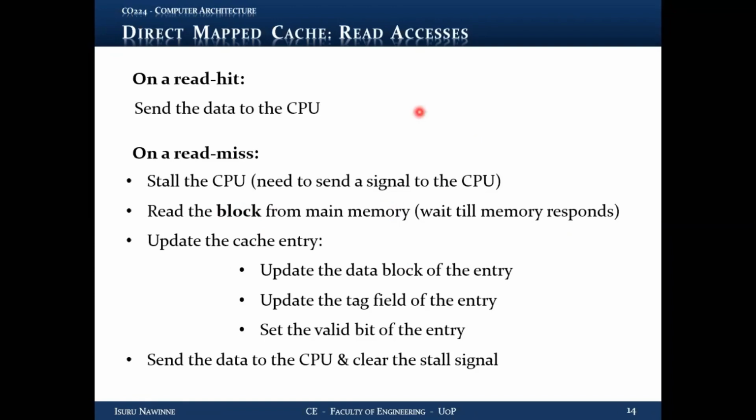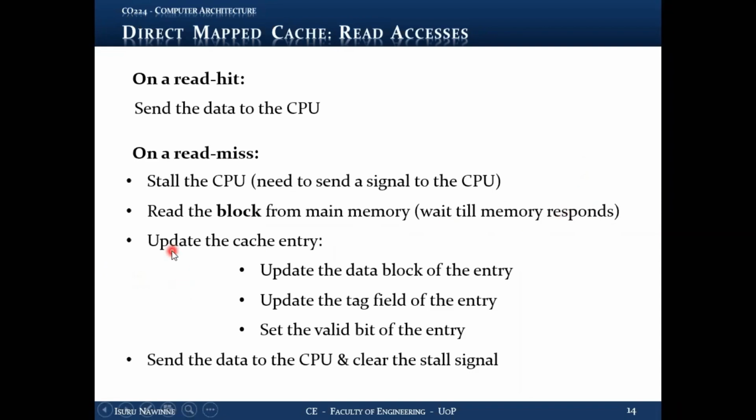So in the case of a read miss, the entire missing block is fetched from the main memory. You need to send the block address to the main memory and wait until the memory responds. It will take several clock cycles, it can go up to 100 or even more sometimes, CPU clock cycles, right?